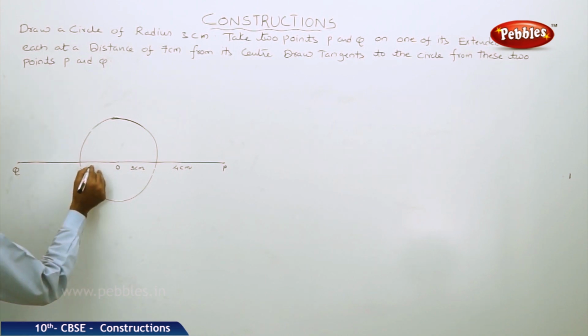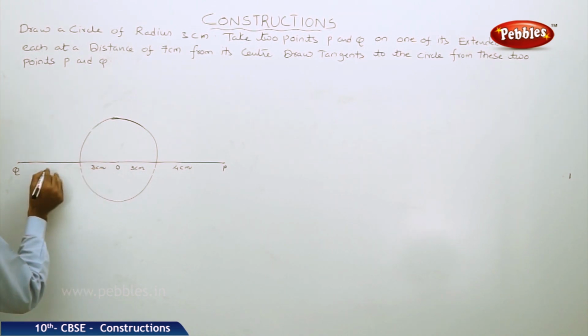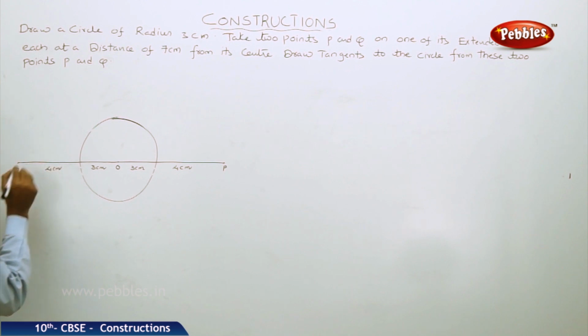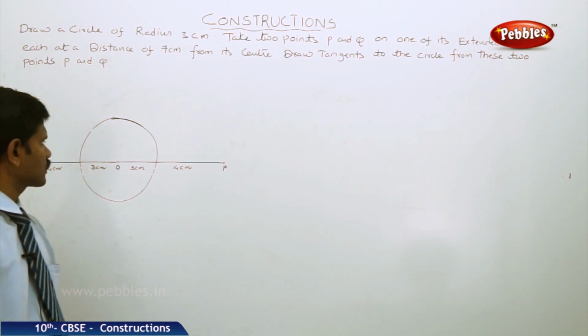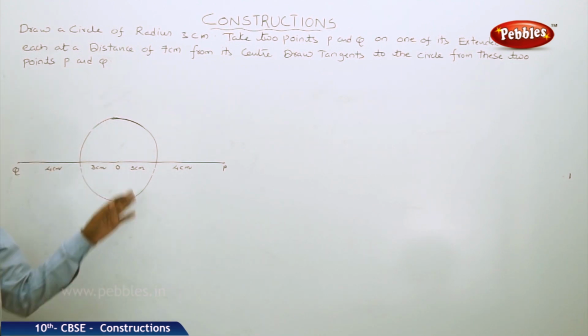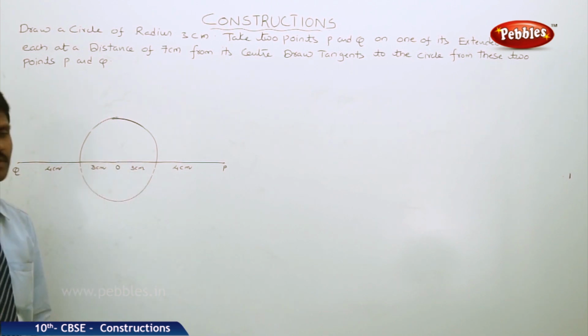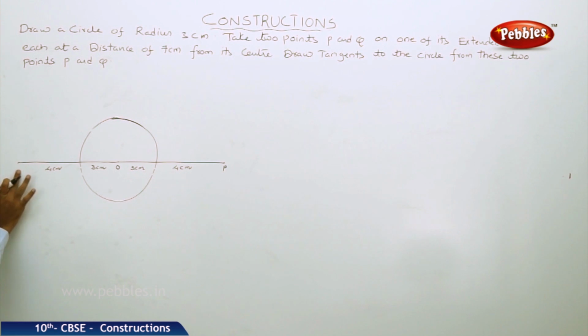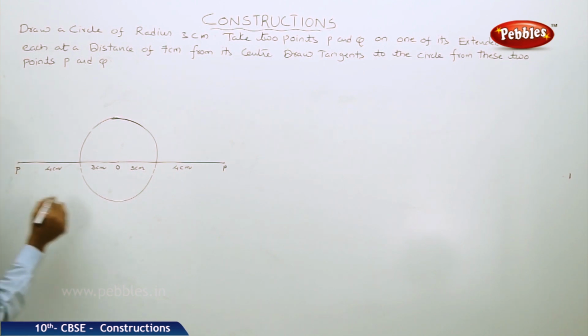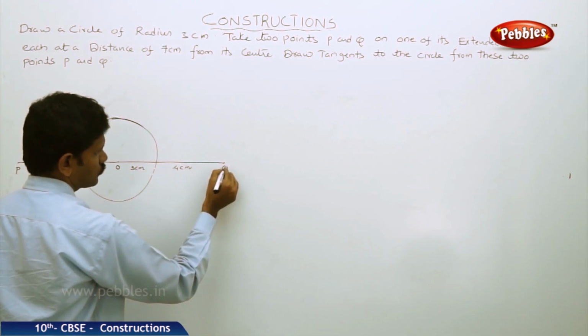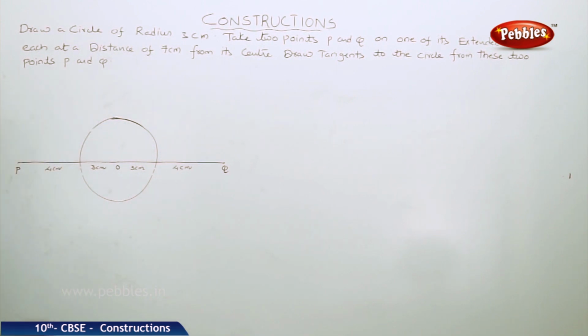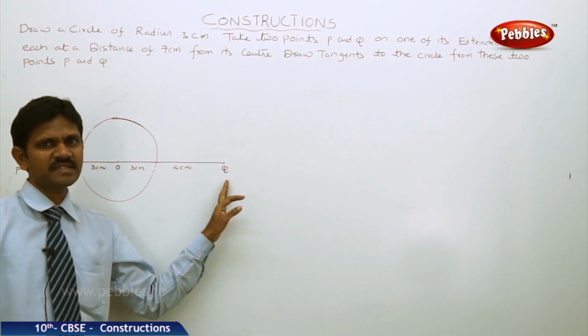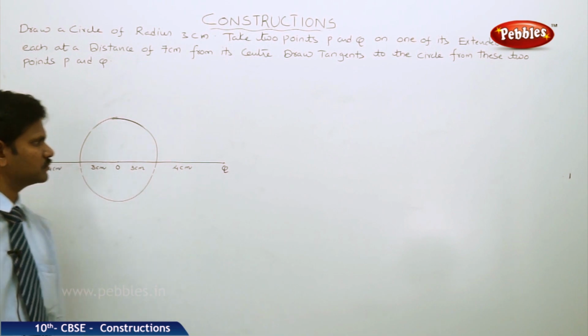Again here also, this is 3 centimeters, this is 4 centimeters. Let O be the center of the circle and the radius of the circle is 3 centimeters. Let us name this as P, this as Q. P and Q are the 2 points on the extended diameter.